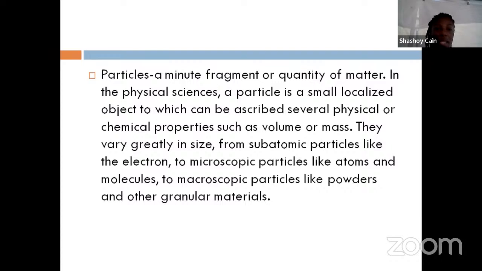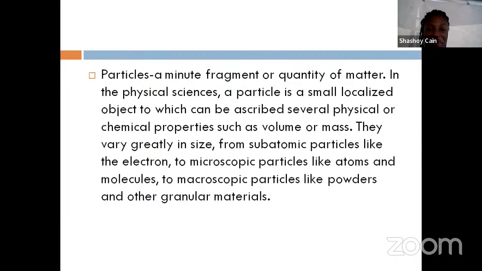Right. So a particle is a minute fragment or quantity of matter. In the physical sciences, a particle is a small localized object to which can be ascribed several physical or chemical properties such as volume or mass. I'm not sure if anybody here does physics or chemistry.